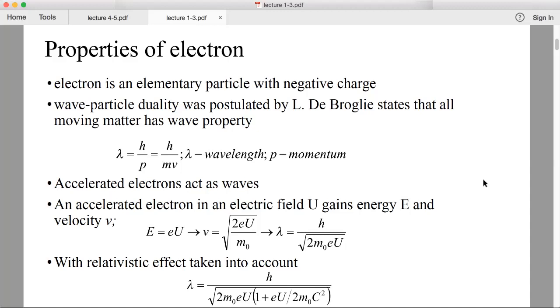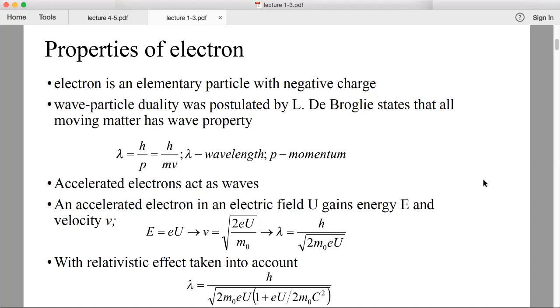So that is how you get this equation, and then you know that all moving electrons or matter act as waves. So we can use the de Broglie wavelength here, and come up with an equation for the de Broglie wavelength of these moving electrons, in terms of its rest mass, its charge, and the accelerating electric field.